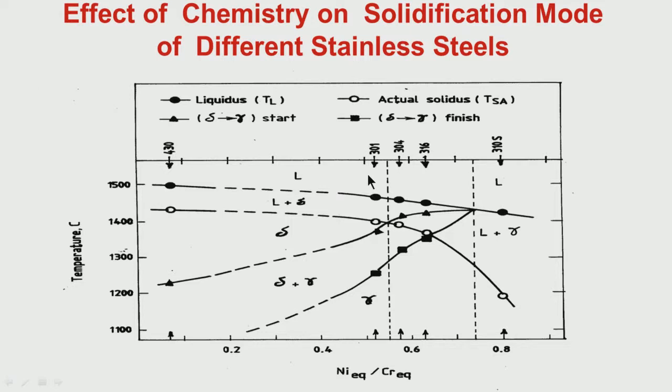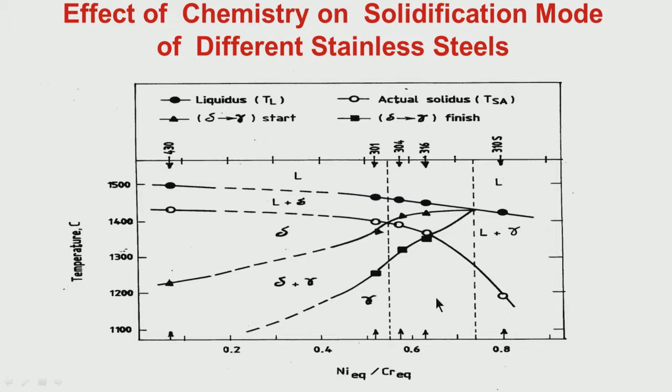Initially it is liquid, then solidification is through delta only, liquid plus delta. When the solidification is complete, then also we have delta. So this is the delta to gamma line. It is taking place below solidification completion. Solidification is complete only through delta, and at a slightly lower temperature the delta to gamma transformation takes place in solid state. So during solidification there is no delta to gamma formation.